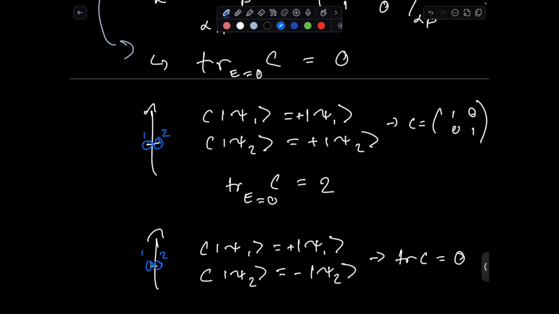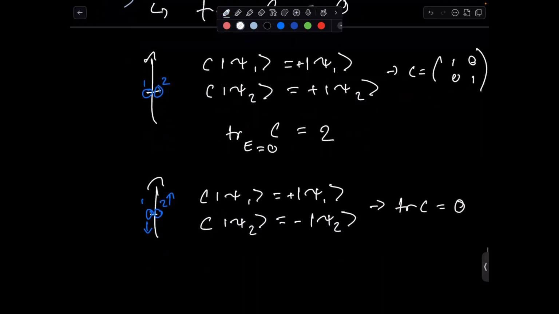So the topological invariant in that case is the trace of C. We know that C always has eigenvalues plus 1 or minus 1, so the trace of C in the zero energy subspace is always going to be some integer.